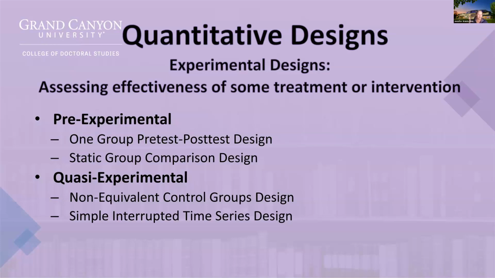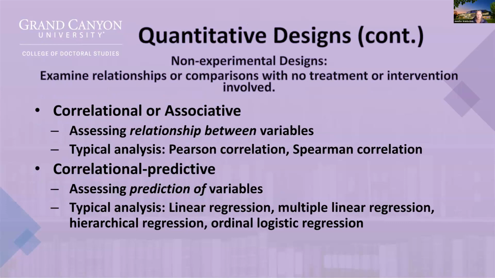So the visual here is XXXXOXXXX, where O represents the treatment. So there's quite a few different things that we can do in here. These aren't the only ones that we have. So there are other pre-experimental or quasi-experimental designs. We don't see experimental too often here at GCU, so we kept it at those two.